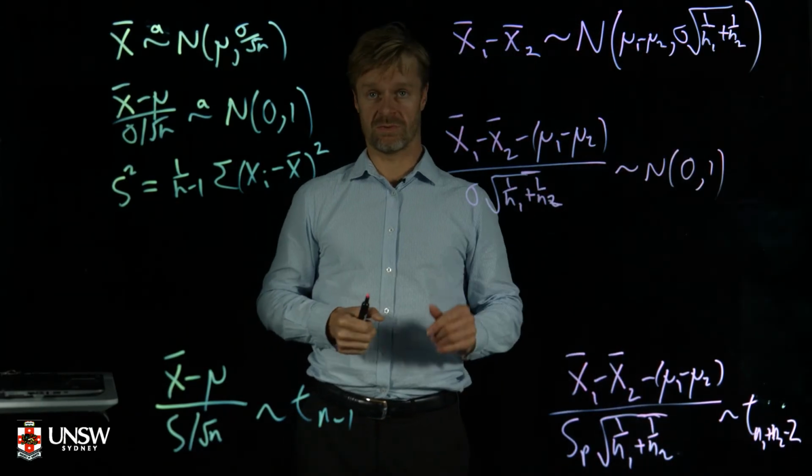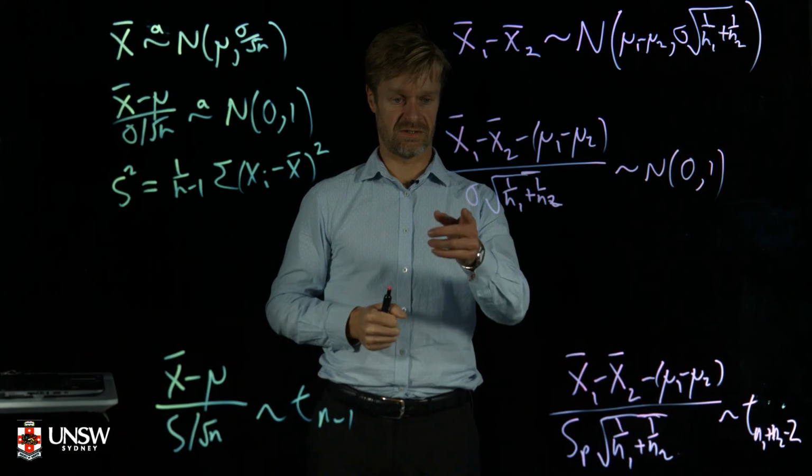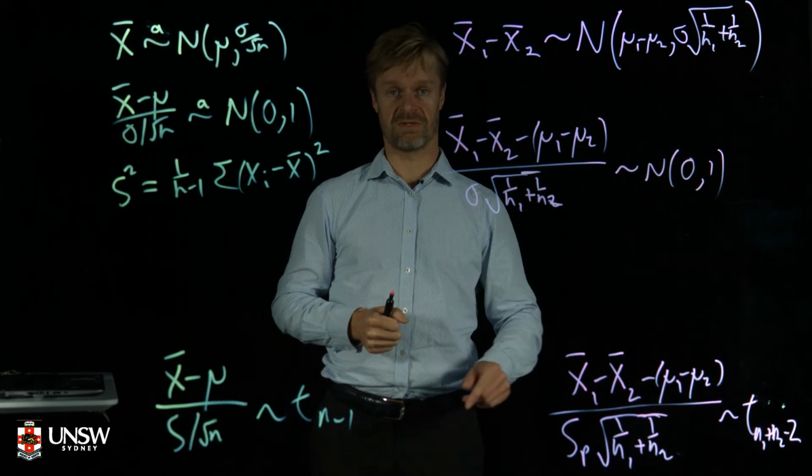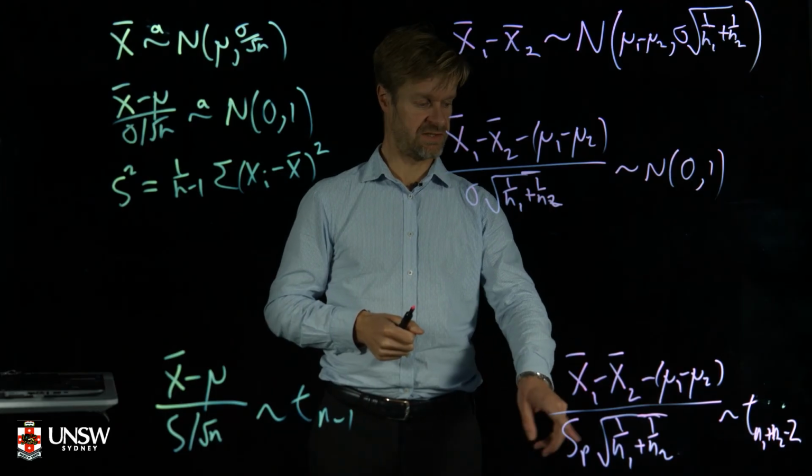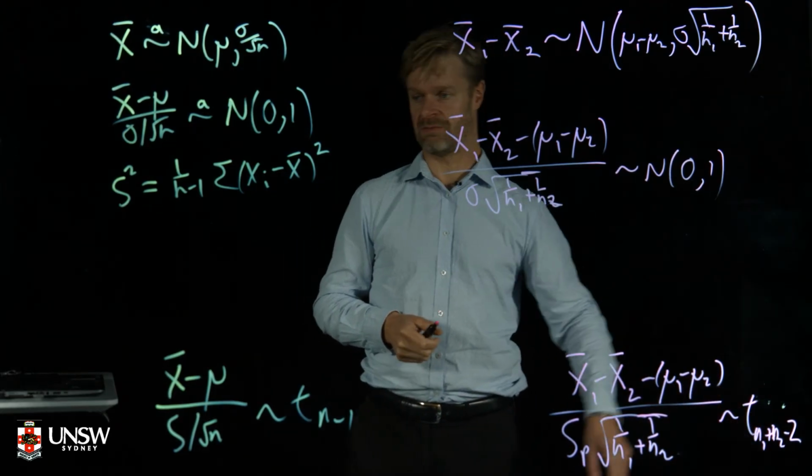I don't know what the true standard deviation is. I'm going to replace it with some estimate from samples. And when I replace it with this particular estimate, I end up with a t-distribution.